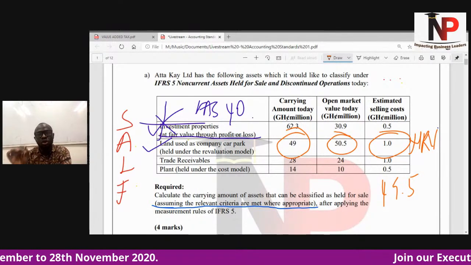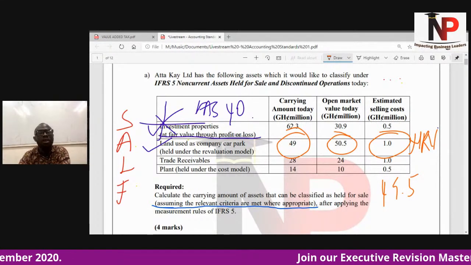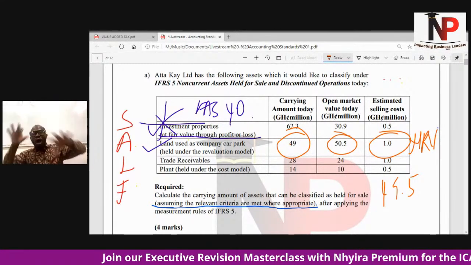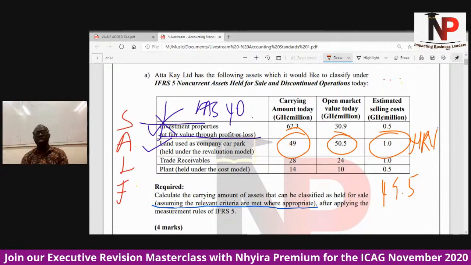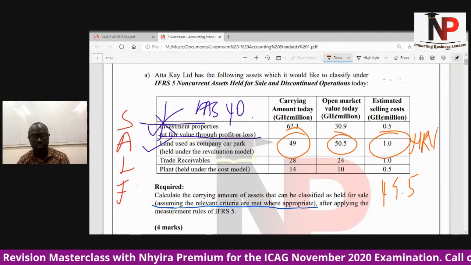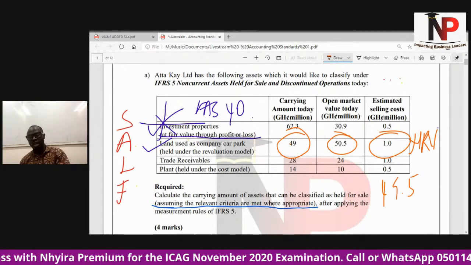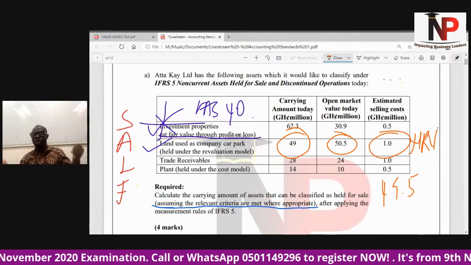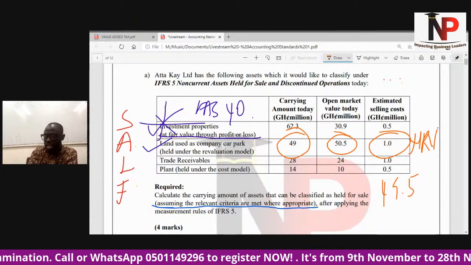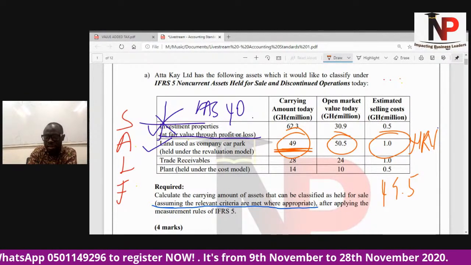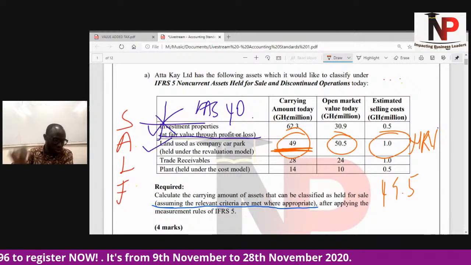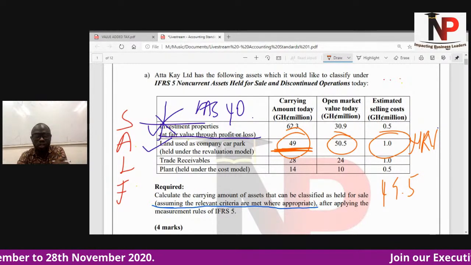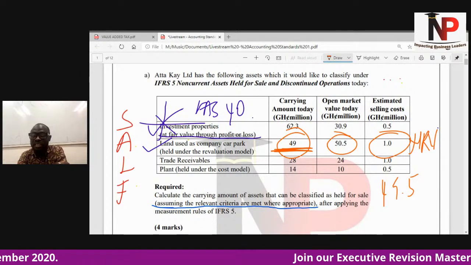Okay? So we compare 49.5 with the 49. The lower becomes the value at which the asset will be carried. It means that 49 becomes the value at which we're going to be carrying this particular asset held for sale.